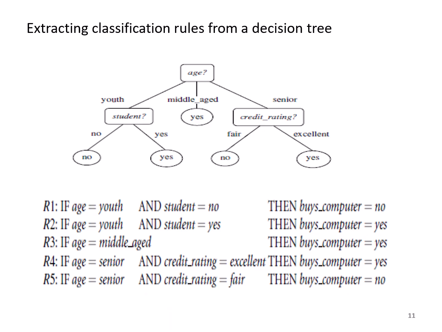Classification rules from a decision tree. The decision tree, as shown in the figure, can be converted to classification if-then rules by tracing the path from the root node to each leaf node in the tree. A disjunction, that is logical OR, is implied between each of the extracted rules. Because the rules are extracted directly from the tree, they are mutually exclusive and exhaustive.